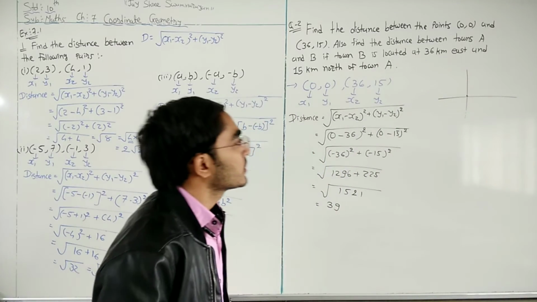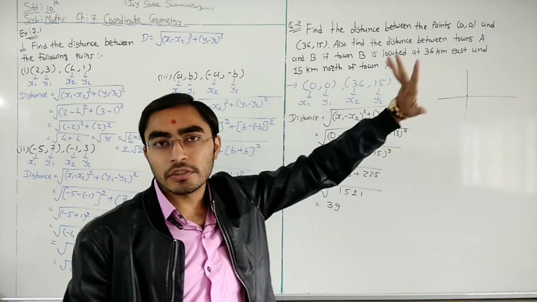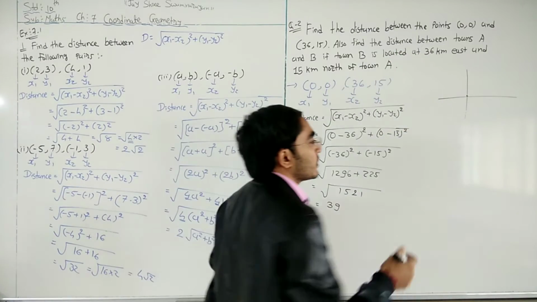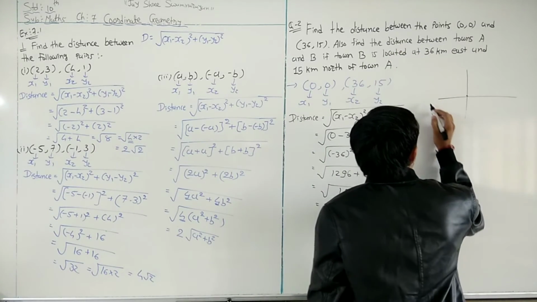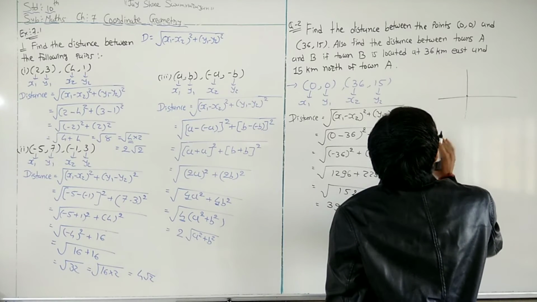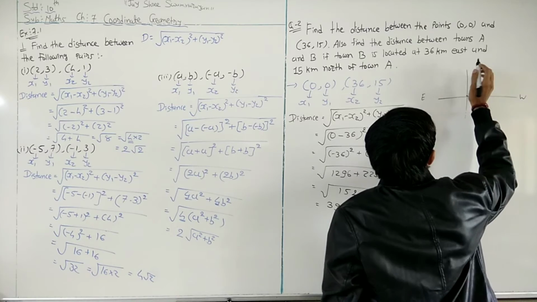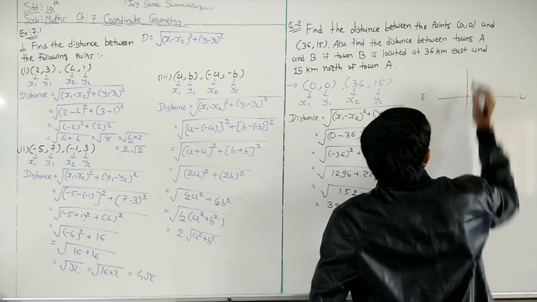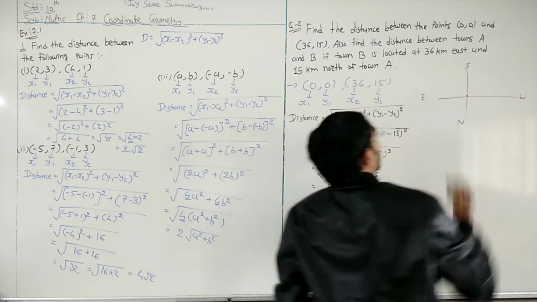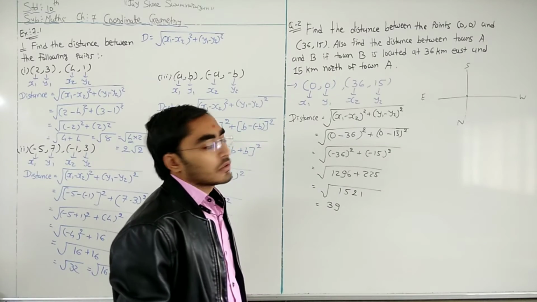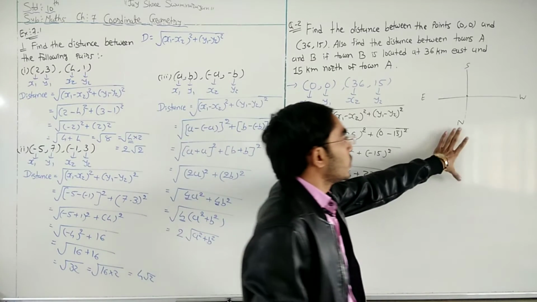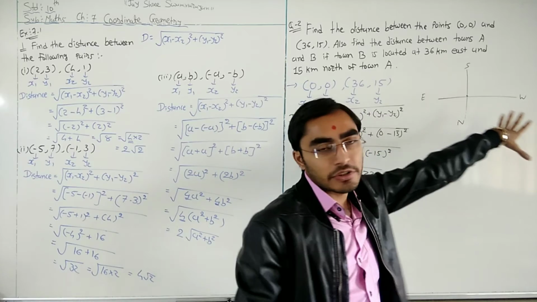Okay, we assume that town A is at origin. Now write down the directions: east, west, then north, south, okay, north, south, east and west.